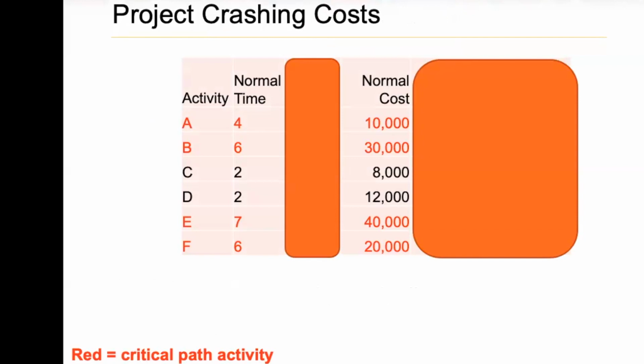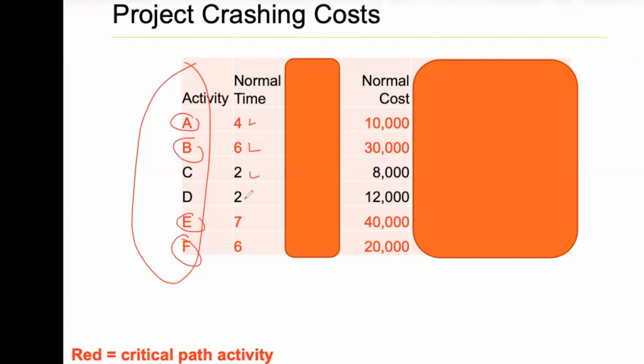So what do I have in this table? I have the activities over here, which are A, B, C, and D, like in the previous slide. These are the critical path because I put them in red, and I already know how long they take, because that's how I did the WBS and the PERT and found out the overall project delivery duration.